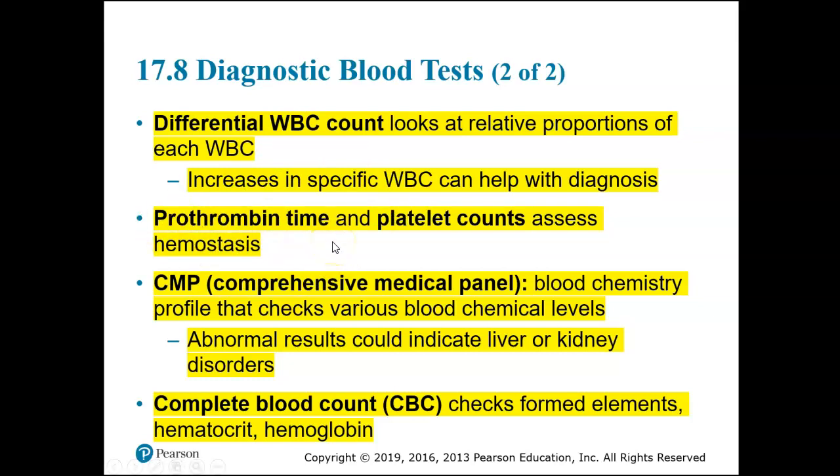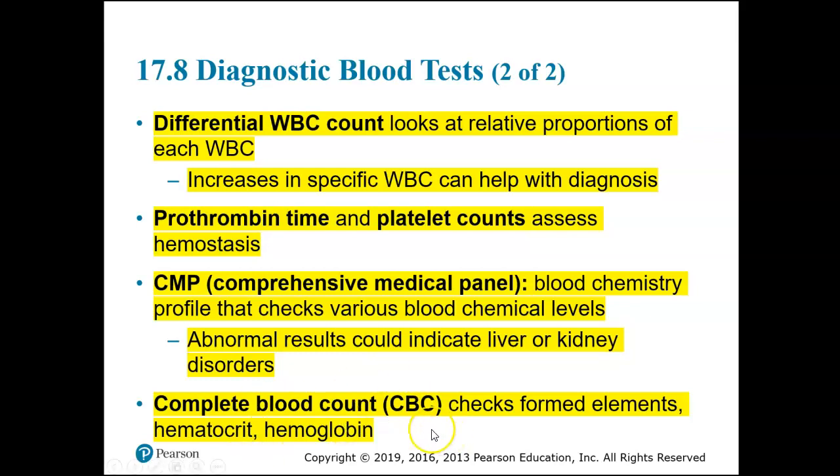Prothrombin time and platelet counts help with knowing if your blood has the ability to clot properly. A comprehensive medical panel is checking blood chemistry. It can indicate liver or kidney disorders. It can also show disorders like diabetes and thyroid disease.